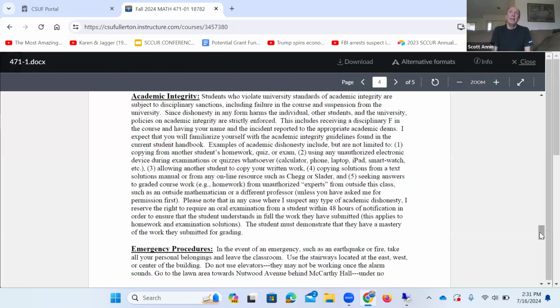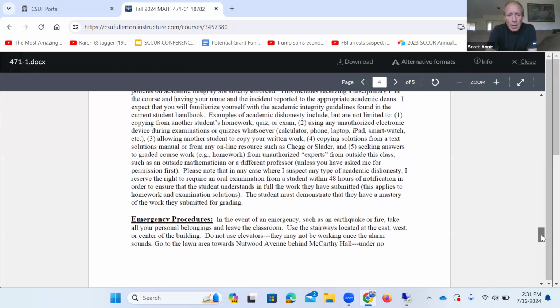And so if you are trying to find shortcuts to really learning the homework, then unfortunately, not only does that put the homework at risk, but you may not learn it as well as you really needed to be able to spell things out on the exam a bit better. So anyway, just keep that in mind. I hope I won't have any problems with academic integrity with this class.